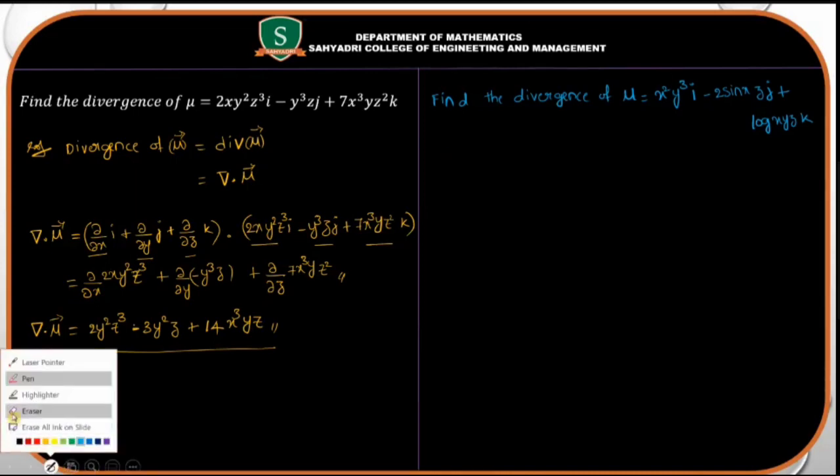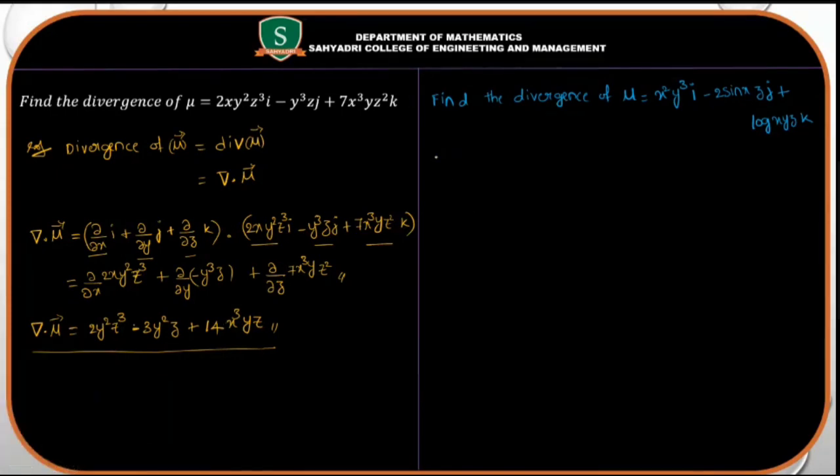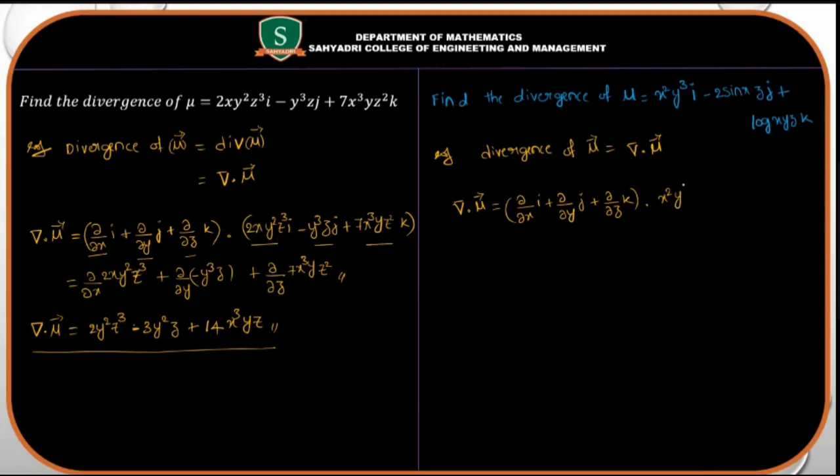So let us see the solution. Divergence of mu is equal to del dot mu, right? So here we need to find del dot mu. Let us write in detail: dou by dou x i plus dou by dou y j plus dou by dou z k, dot x square y cube i minus 2 sin x z j plus log x y z k.